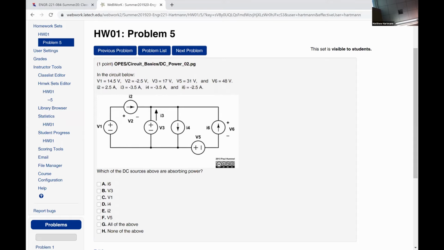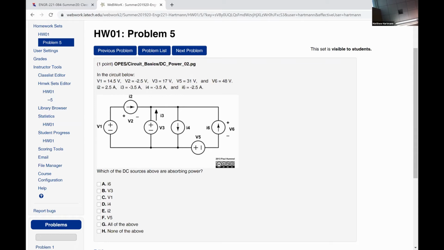So for this particular example, V1 has a positive voltage and the current I2 is flowing into the negative terminal. The current I2 is positive, so V1 is absorbing negative power because it's supplying positive power. So V1 is right out. For the current source labeled I2, the current is positive.